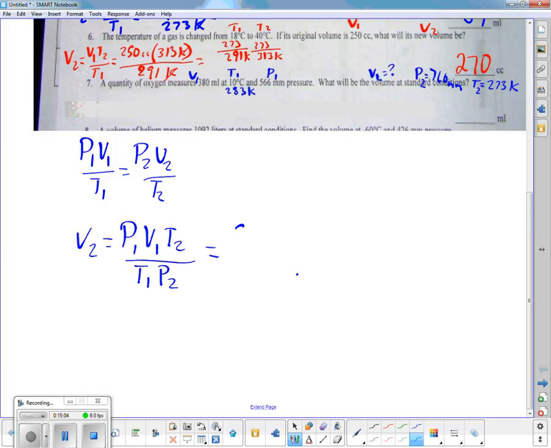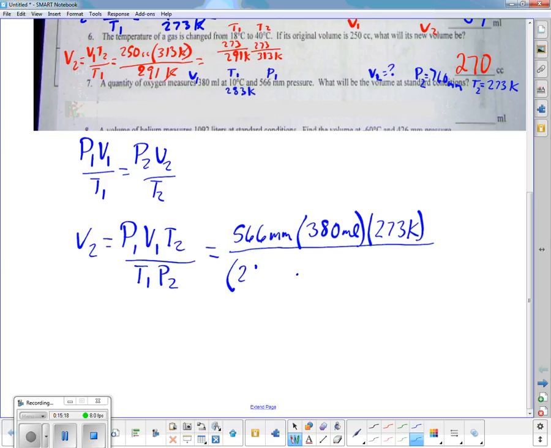P1 is 566 millimeters times V1, 380 milliliters times T2, which is 273 K, divided by T1, 283 K, times P2, which is 760 millimeters mercury.